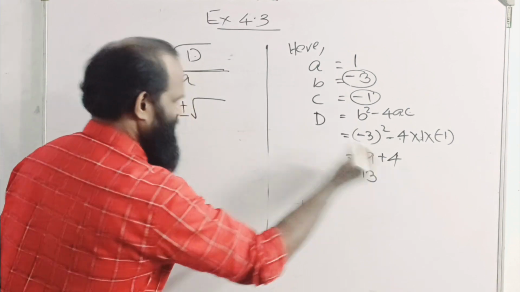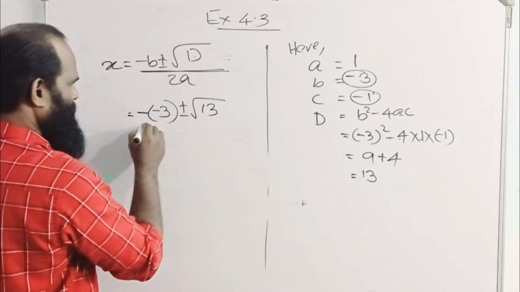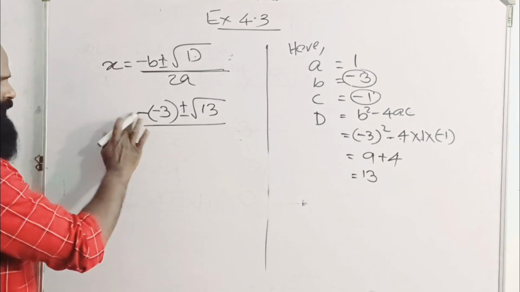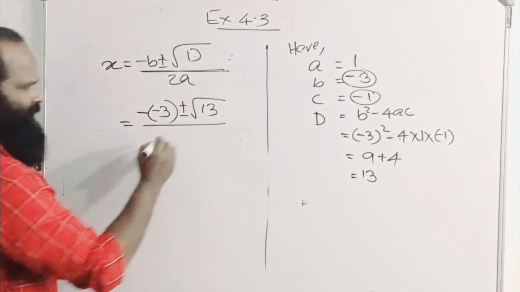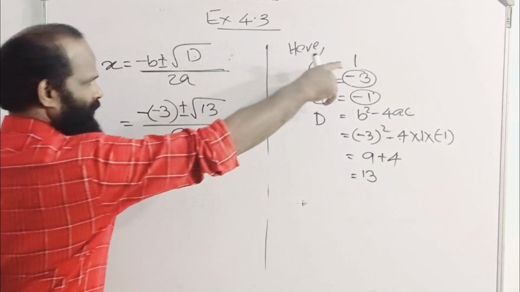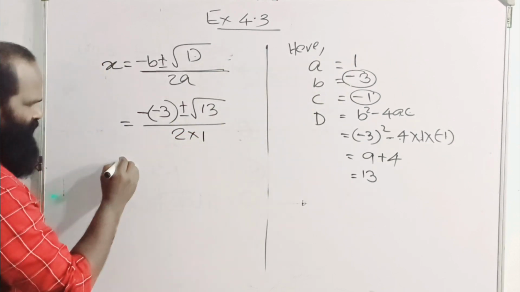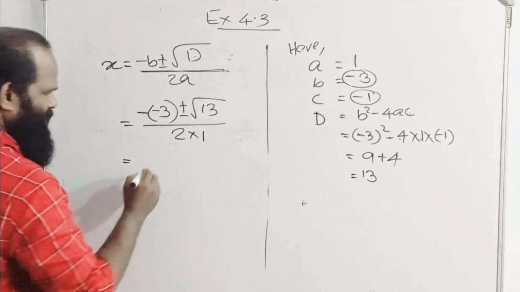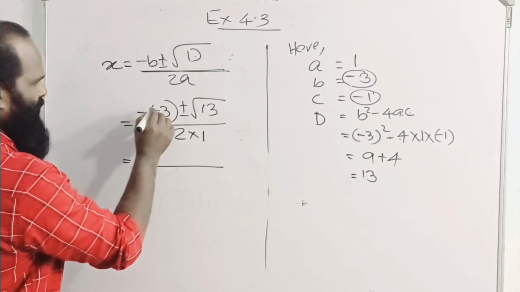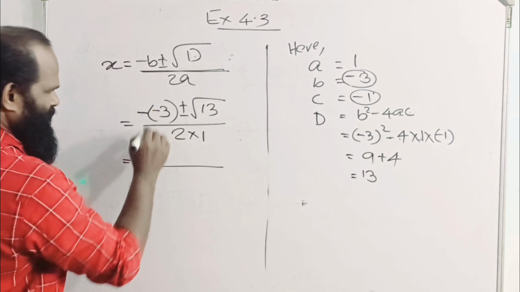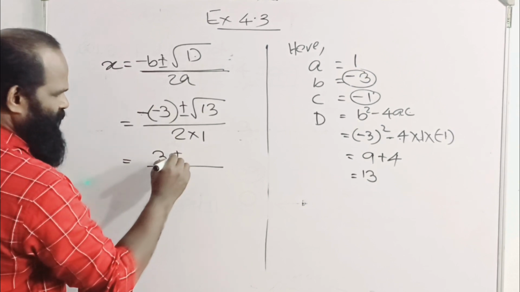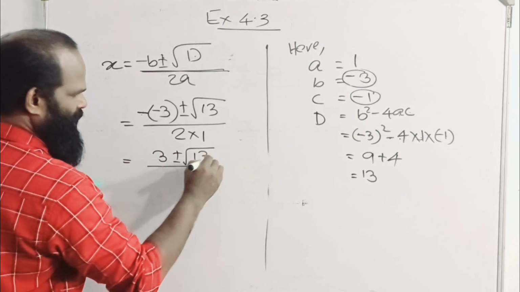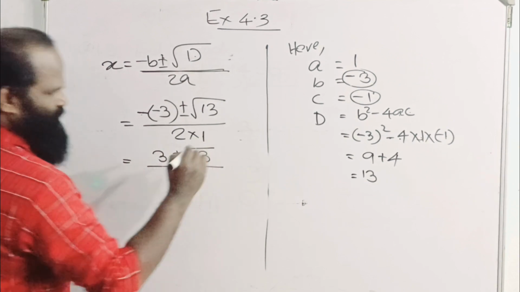D's value is 13, by 2a, 2 into a, 1, is equal to minus into minus, positive 3 plus or minus root 13 by 2 into 1, which is 2.